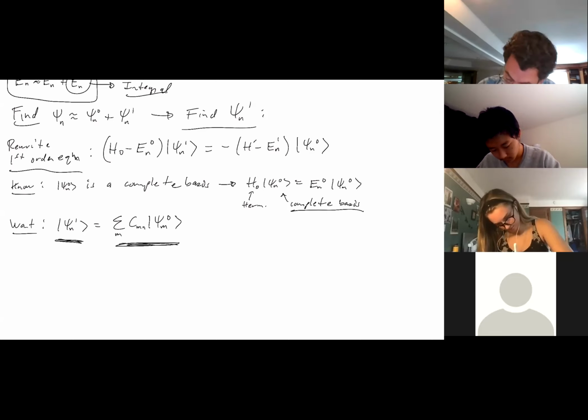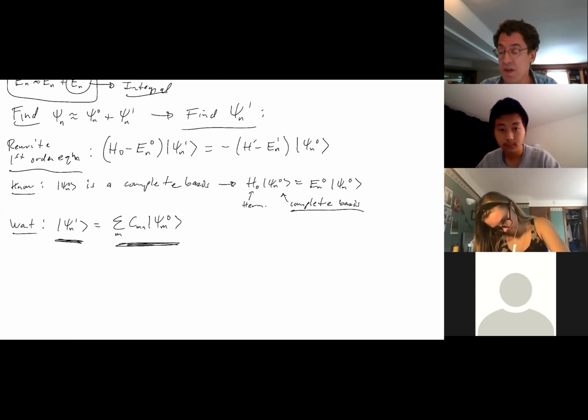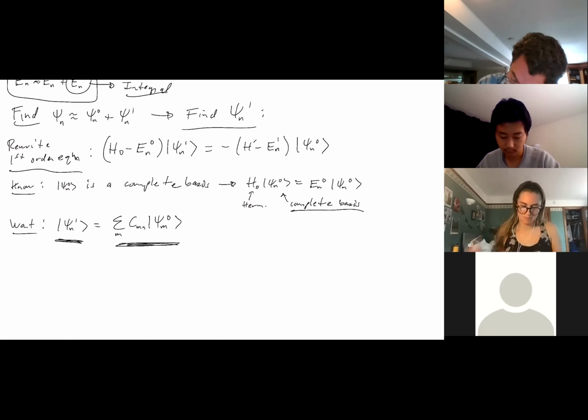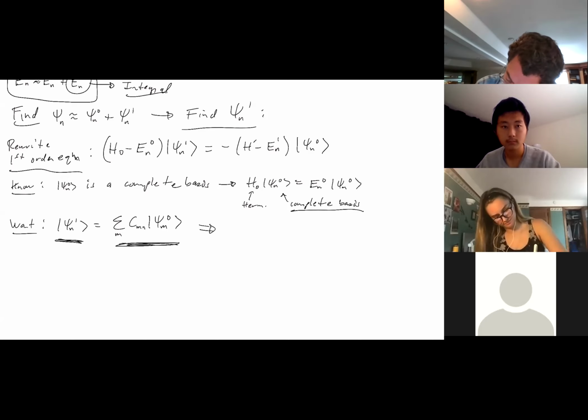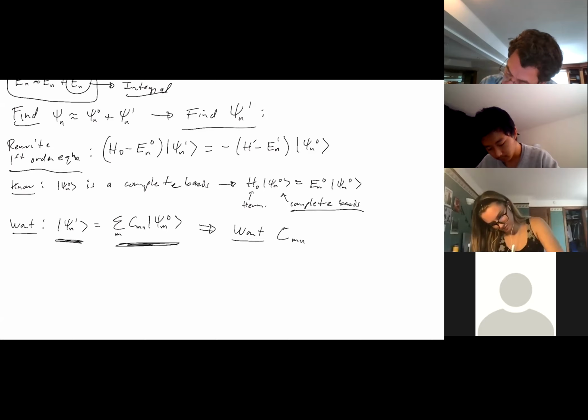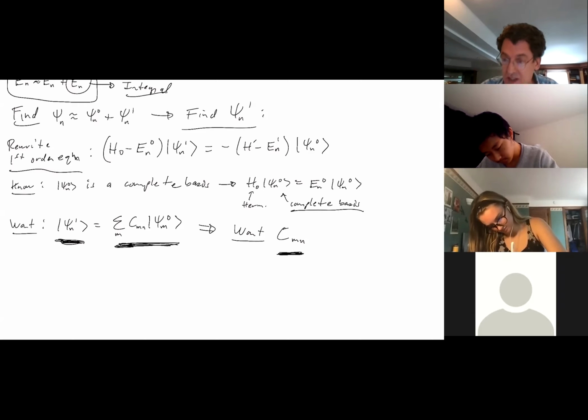Okay, and so this is the thing we want, and I've rewritten it in terms of the basis that we know. But now, because I've rewritten the problem, the new thing that we want is these coefficients, C, M, N. Because if we know the coefficients, then we know psi n1, because it's written in terms of those coefficients times things we already know.